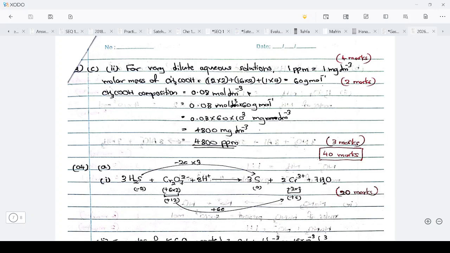I think we did some questions with that one. This is the shortest way to understand and get the answer, but both methods are correct. When you are writing the review, please write the method I just mentioned, finding the mass fraction of acetic acid and multiplying it by 10 to the power 6. That is also very important.